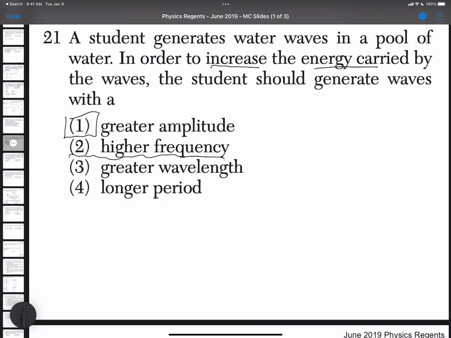Turns out what an answer of 2 changes is not the energy itself, it's the power of the wave, which would increase at a higher frequency of the same amplitude. So they gave credit for both answer choice 1 and answer choice 2.